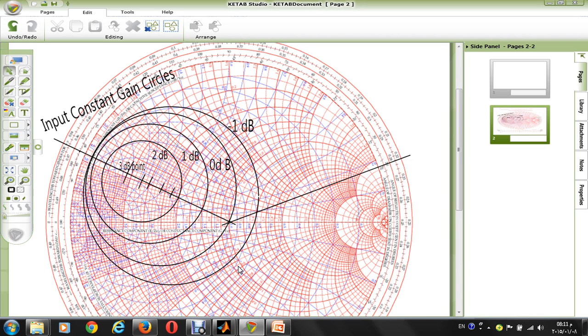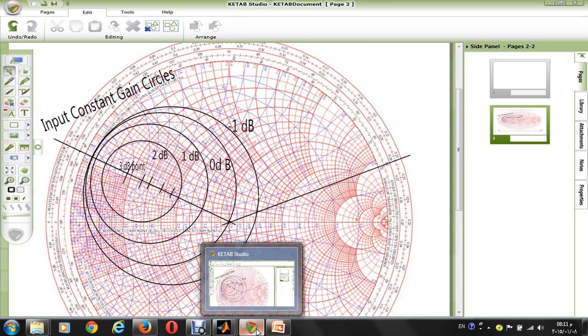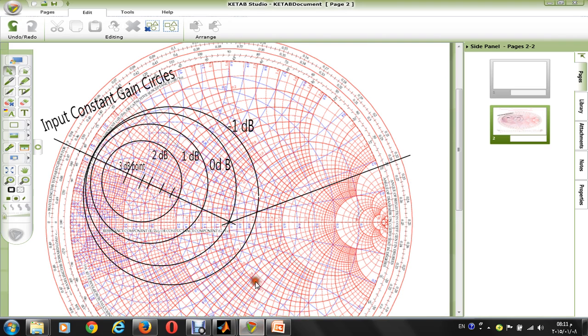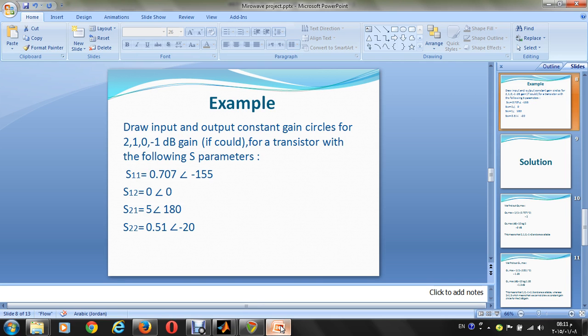We will repeat the same steps, but for the output constant gain circles. So, I go back here and I see that I want to mark the 1.3 dB gain, which is at the distance of 0.51.